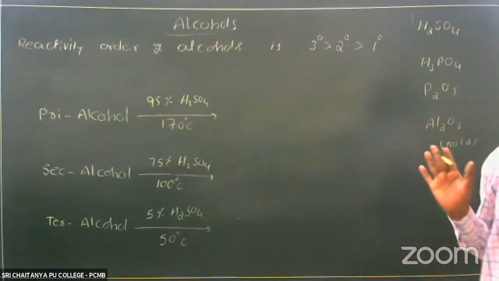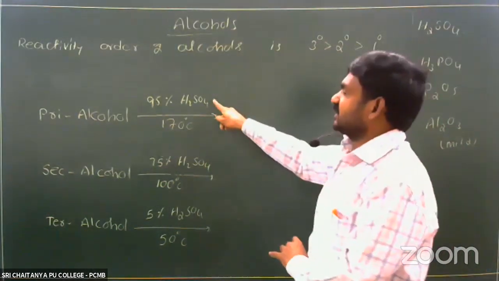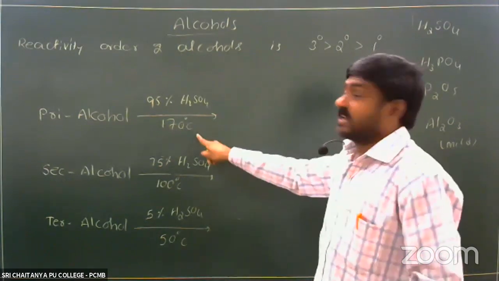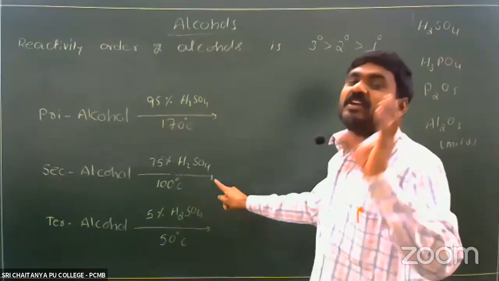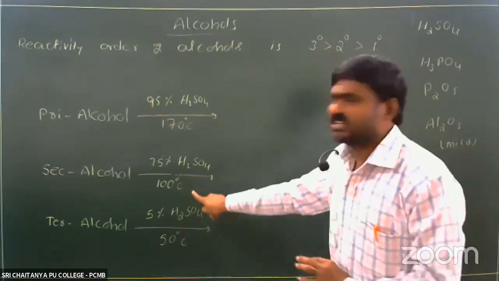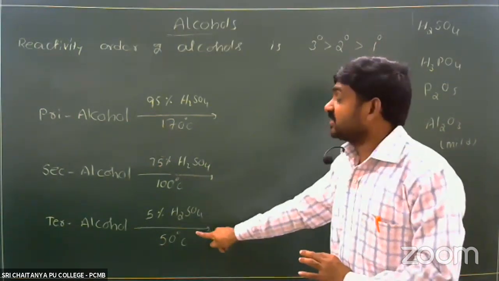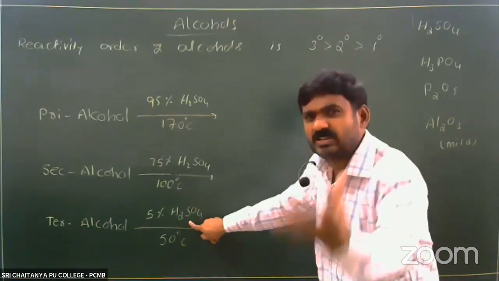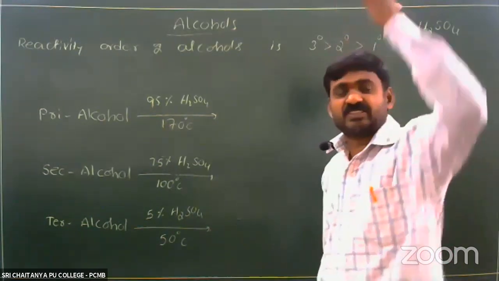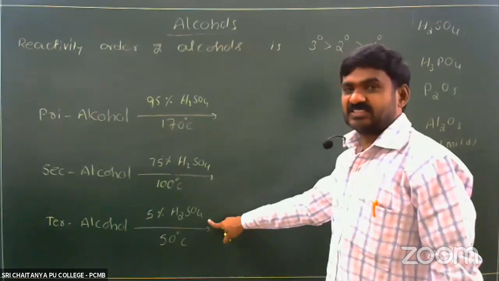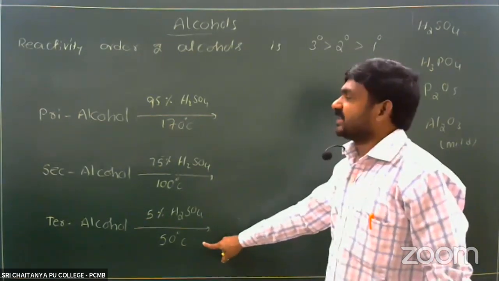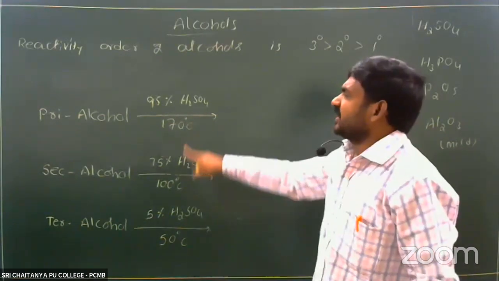The primary alcohol requires 95% sulfuric acid and a high temperature of 170, the secondary alcohol requires 75% sulfuric acid and 100 degrees centigrade, and the tertiary alcohol requires just 5% sulfuric acid, meaning 95% water, very dilute, at 50 degrees centigrade. So this is the dehydration order.